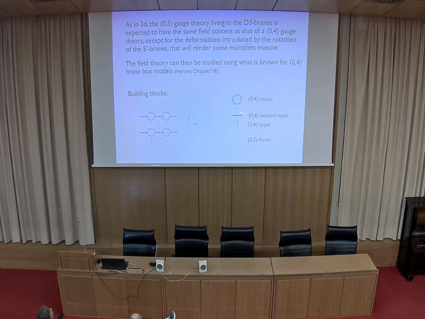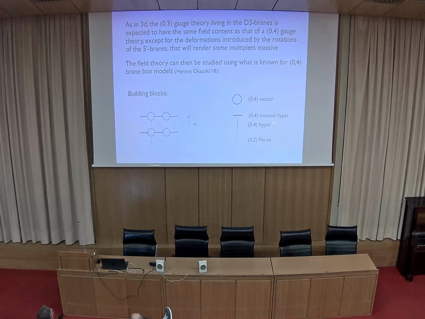This gives the content of a (0,4) vector multiplet that I will denote with a circle. Then look at the quantization of the open strings that connect D3 branes between some NS5 branes and in the adjacent intervals. This will give you the content of a (0,4) hypermultiplet that just contains scalars.